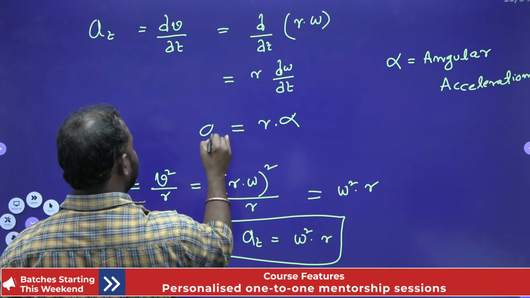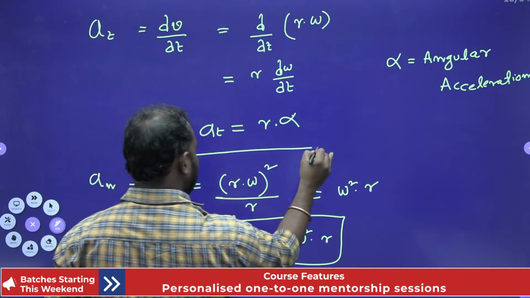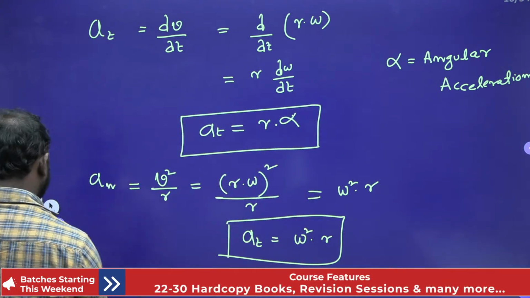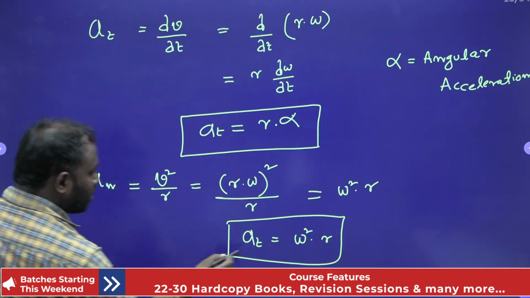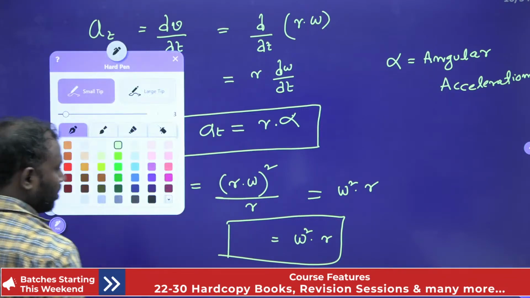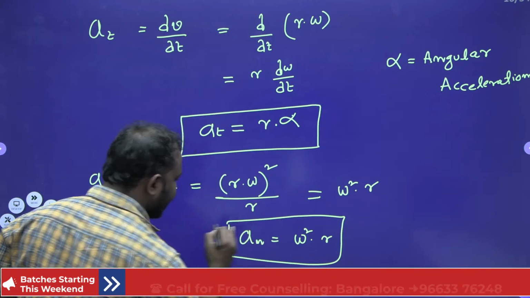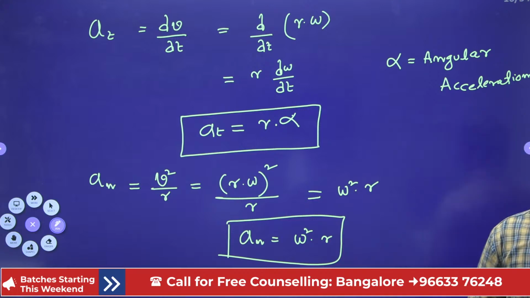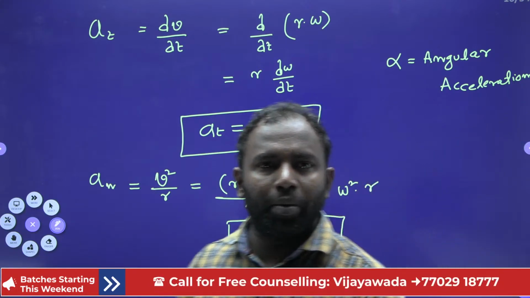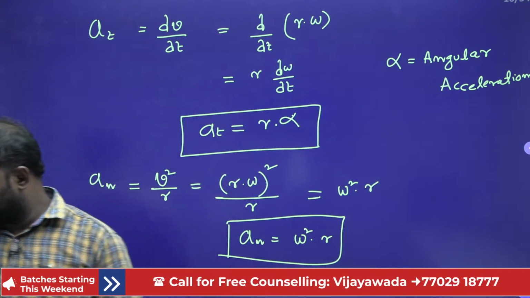I'm sorry, here it is AN, guys. It is the normal component of acceleration, and AT is the tangential component of acceleration. I hope everybody understands.